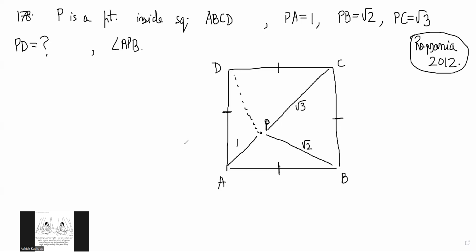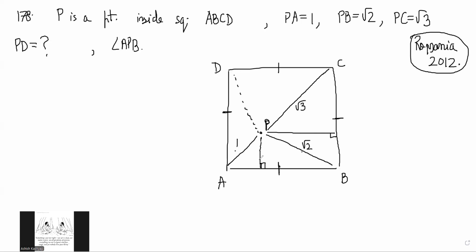So we have to use some form of Pythagoras or trigonometry. What I'll first do is draw perpendiculars from P on AB and also on CD, because I know the sides 1 and root 2 there.